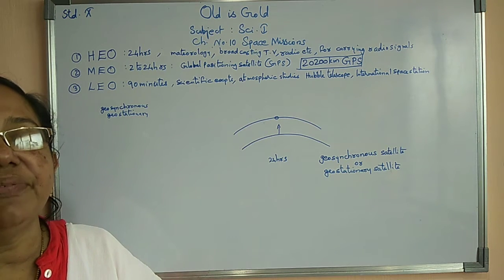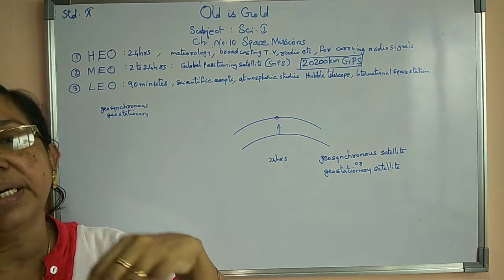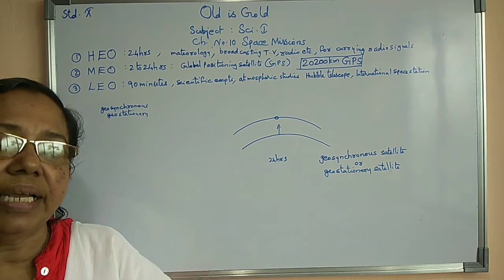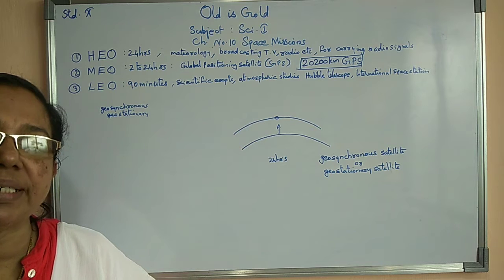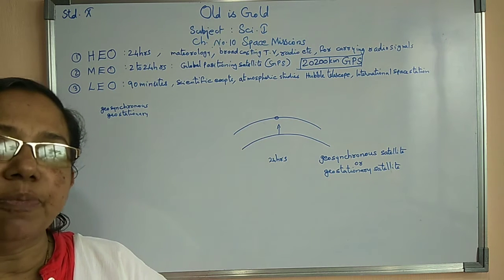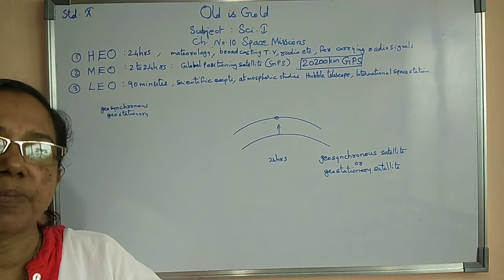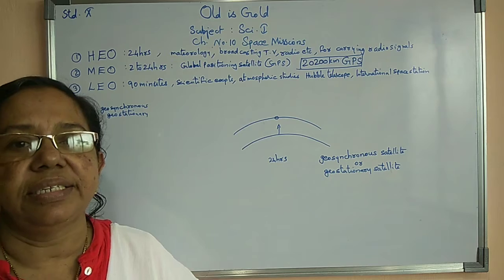We already studied at which distance it is fixed: only 180 kilometers to 2000 kilometers from the surface of the Earth. Within that range they are fixed, and they help with scientific experiments, even for understanding the atmosphere, even if any natural calamities are going to occur. For such purposes, we use low Earth orbit satellites.